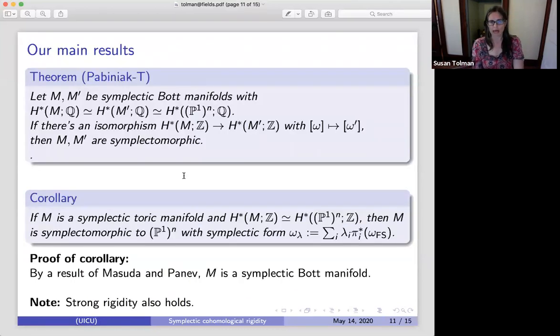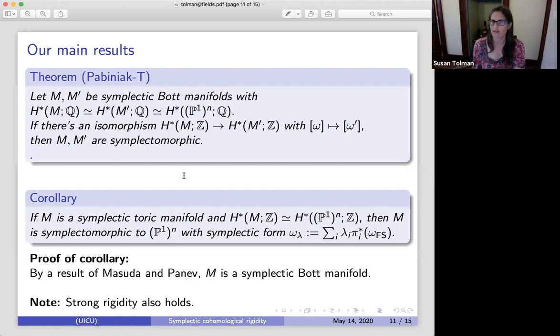Now I've given the background, so I can talk about our main results. Our main results look very much like these two results that I started with, but now they're in the symplectic category. So the main result is, let M and M prime be symplectic Bott manifolds, and we're going to assume that their rational cohomology ring, again, is isomorphic to the rational cohomology of the product of P1s.